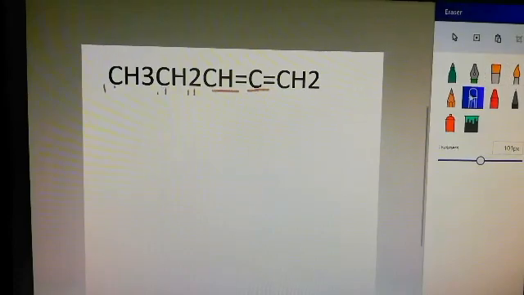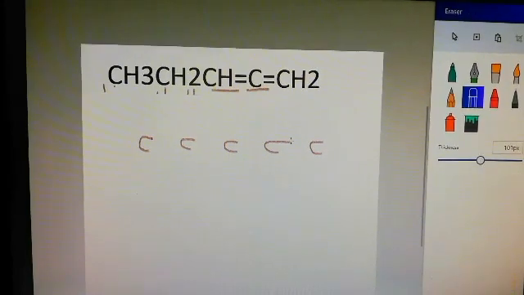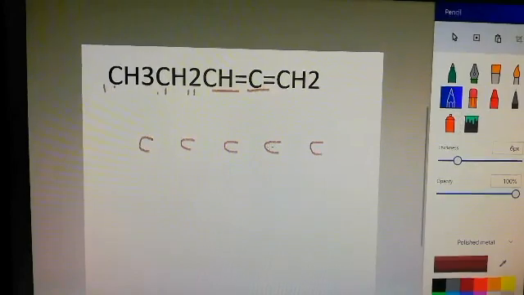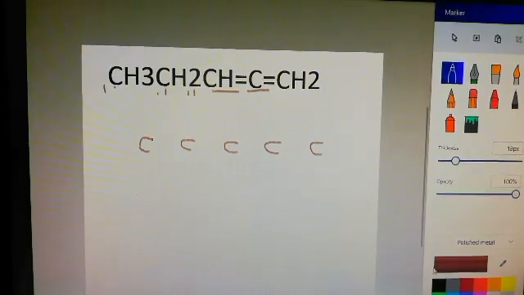Okay. So if I want to draw the electron dot, I have 5 C's: 2, 3, 4, and 5. My carbon has 4 valence electrons, right?